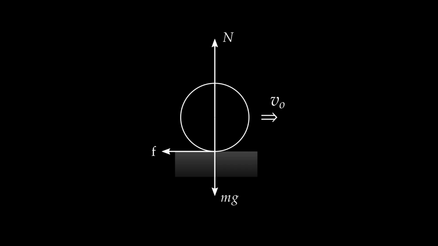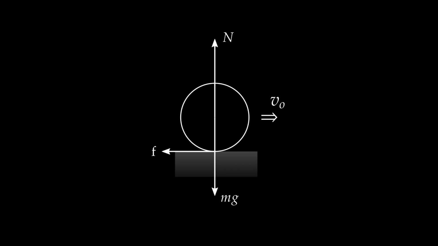As a bowling ball, initially non-rotating, begins to rotate, the basic idea we should be thinking about is that the angular velocity of the bowling ball starts at 0 and increases.